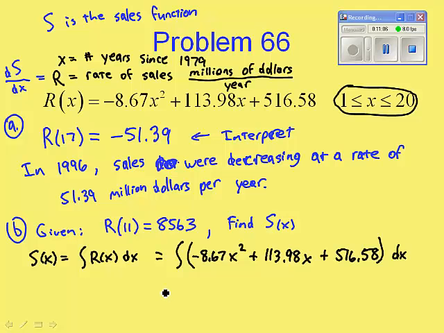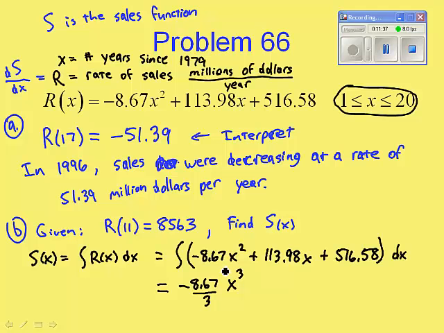All right, so let's see if we can do it. How do I integrate this? Well, it's going to be x to the third power, right? And then I have to say, what constant do I want out front? Rather than work it all out, I'm just going to say that it's going to be negative 8.67 divided by 3, because when I take the derivative, the 3's are going to cancel, and I'll be left with that.